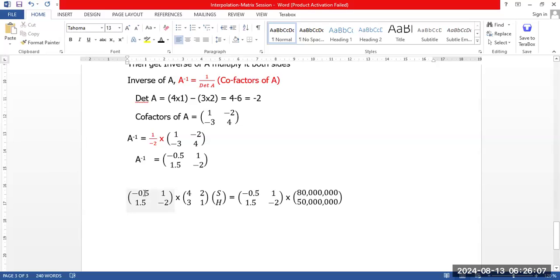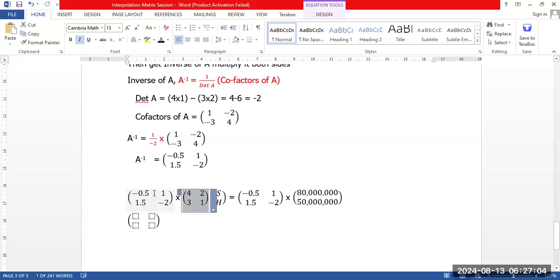You're getting this matrix times this matrix. Remember, when you're multiplying matrices, it is row by what? It is row by column, row by column, row by column. So we want to multiply this matrix into this matrix.